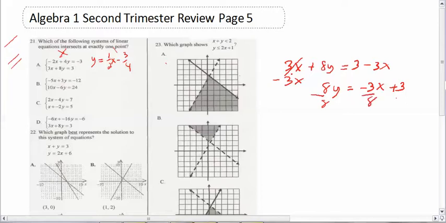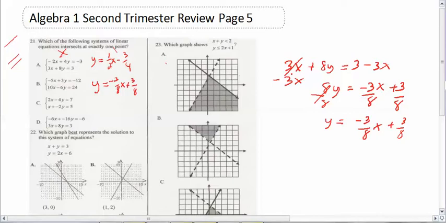Divide by 8. Divide by 8. And now I have y is equal to negative 3 over 8 x plus 3 over 8. And I don't need to worry about simplifying it anyway. So now I have my two lines, 1/2 x minus 3 over 4 and negative 3 over 8 x plus 3 over 8.